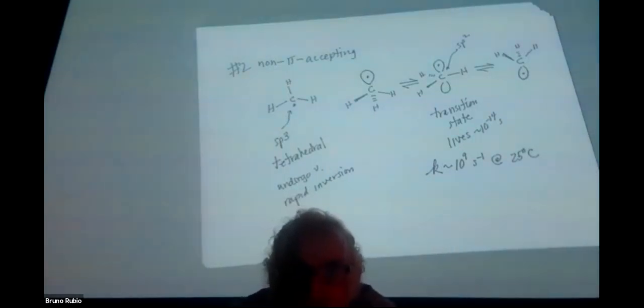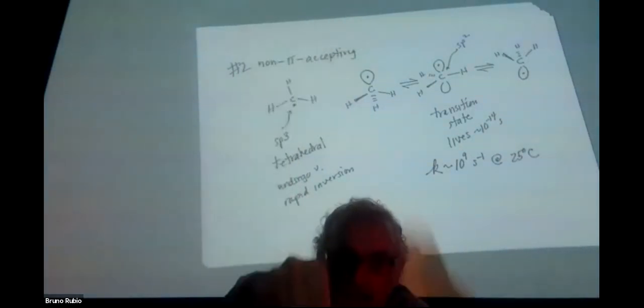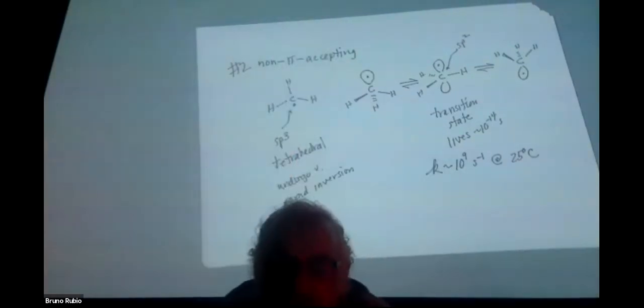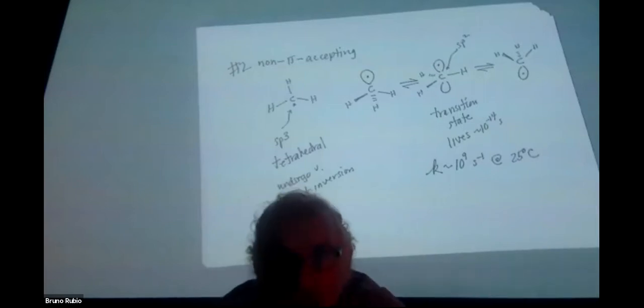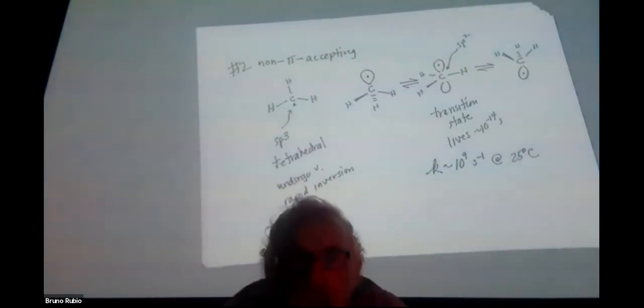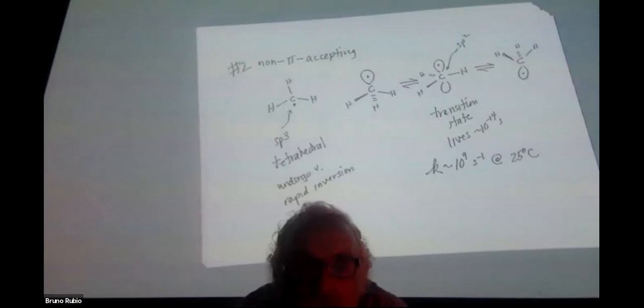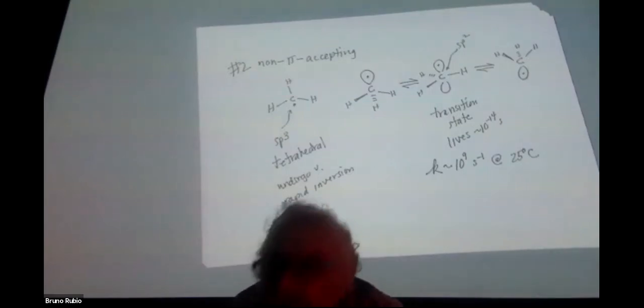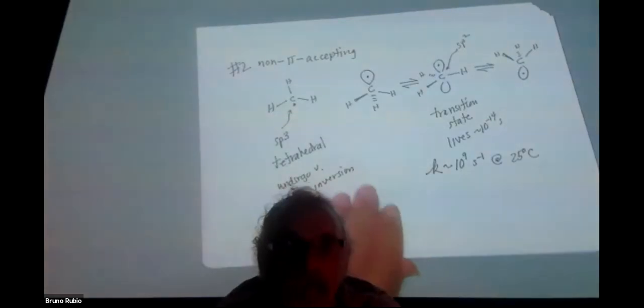Very, very, very fast. It's an up umbrella, then a down umbrella, billions and billions of times per second at room temperature. Okay, so those are the two different types of radicals, the pi accepting radicals, which we know how to recognize, and then everything else, which would be a non-pi accepting radical.